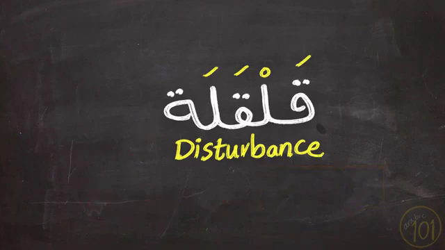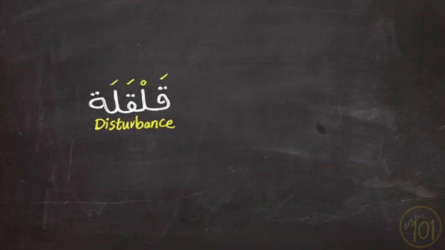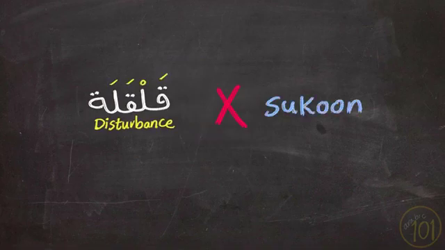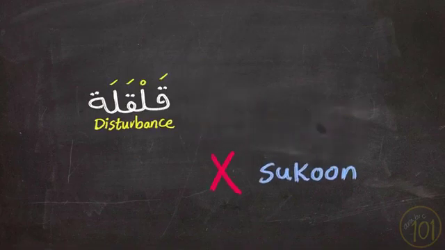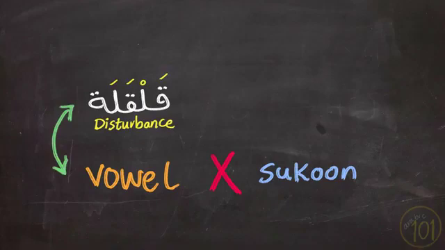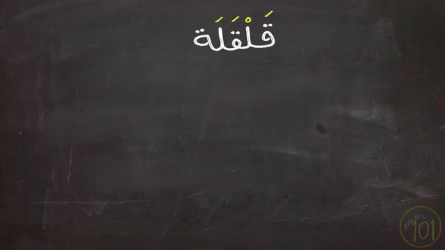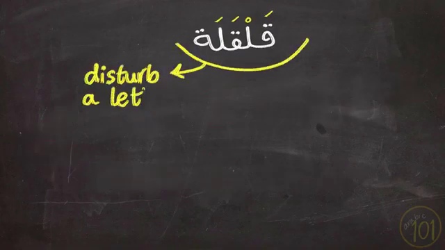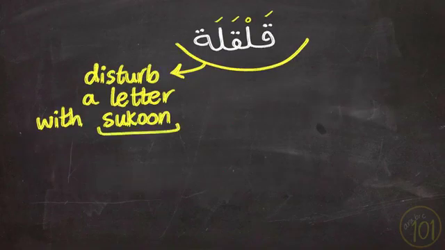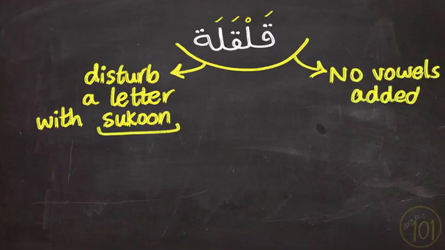rule. And though qalqala means disturbance, it is not the opposite of sukoon, since the opposite of sukoon is movement or a vowel, and qalqala is certainly not the same as vowel. So the concept of qalqala in tajweed essentially has no opposite, and it means disturbing a letter that has a sukoon, without adding any movement or vowel to it.